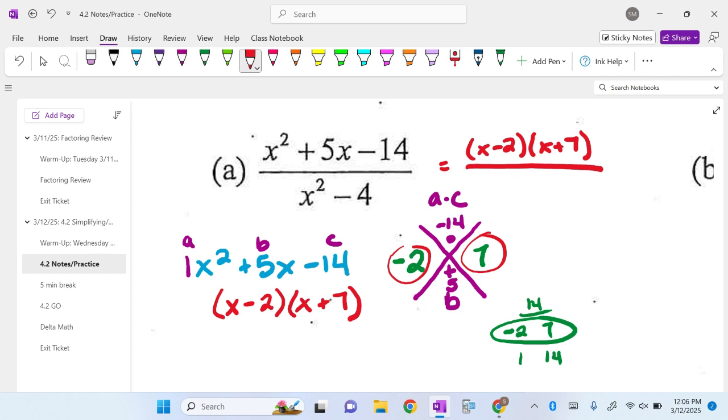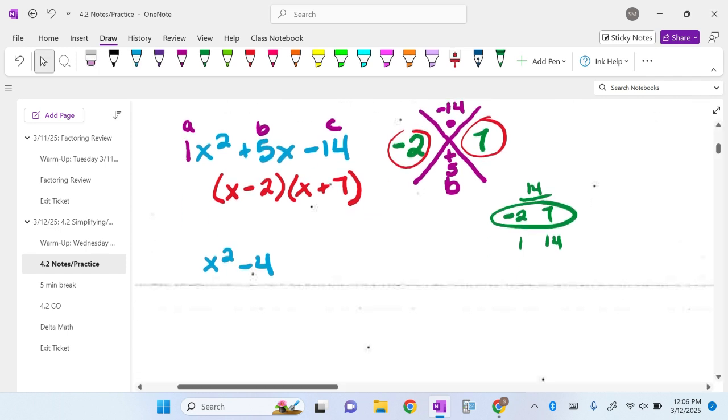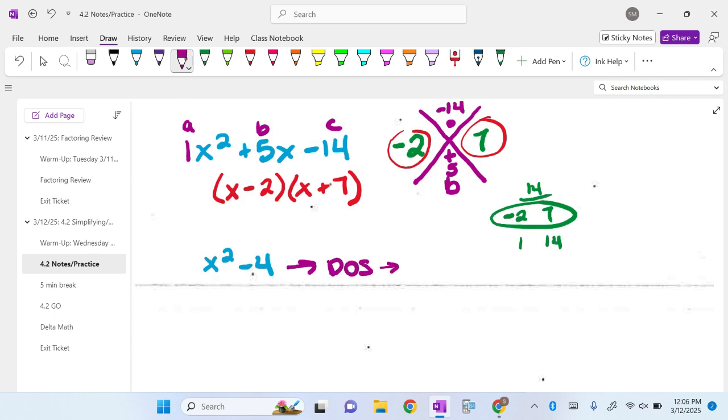Now I need to figure out how to factor the denominator, x squared minus 4. How do I factor x squared minus 4? What does it look like to you guys? It's a difference of squares. So since this is a difference of squares, it's going to factor to a plus b, a minus b, where we find a and b by taking the square root of our two terms.